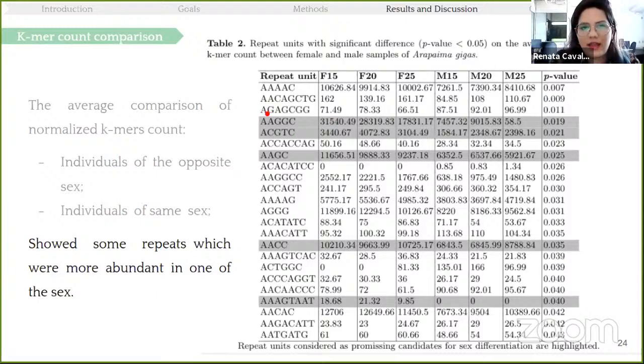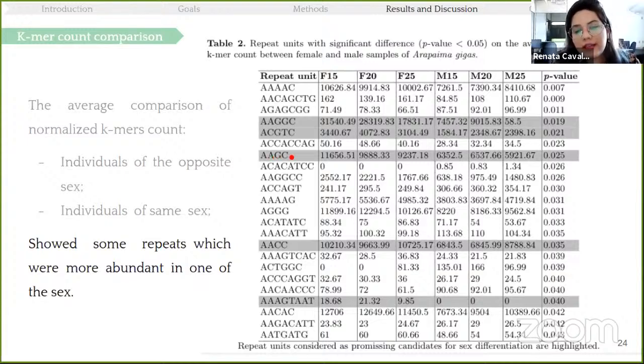And as in the AAGGC repeating unit highlighted in this table, we can see the females have a higher number compared with the males. And we can see also in the repeating unit ACGTC, the female group has a higher number compared with the males, and also in AAGC.